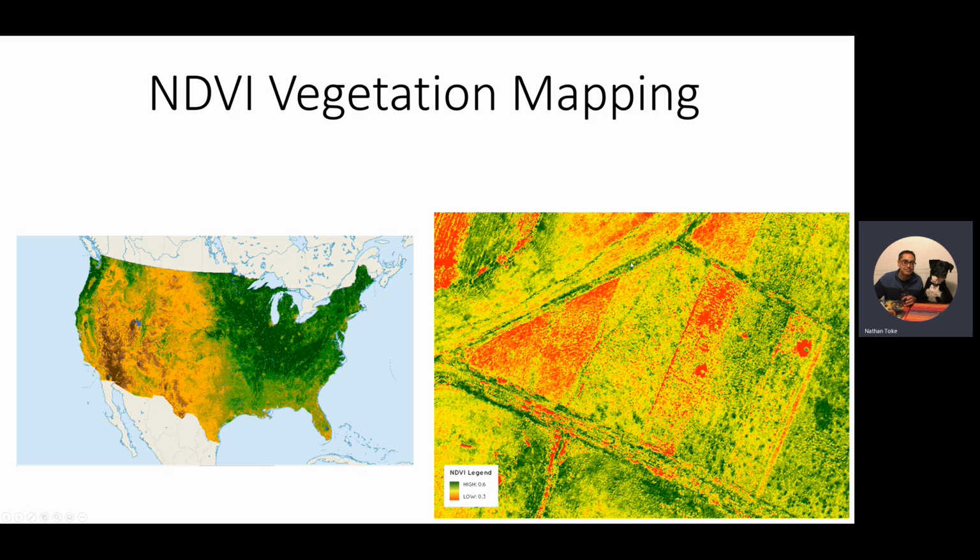So we can do this at the global scale, maybe using a satellite that has very low spatial resolution, can go across the whole country within a day and see patterns of plant foliage, or we can look at a field and see where plants are healthy or not. And so here you can see somebody's done that, and you can sense the patterns of plant health in the field.